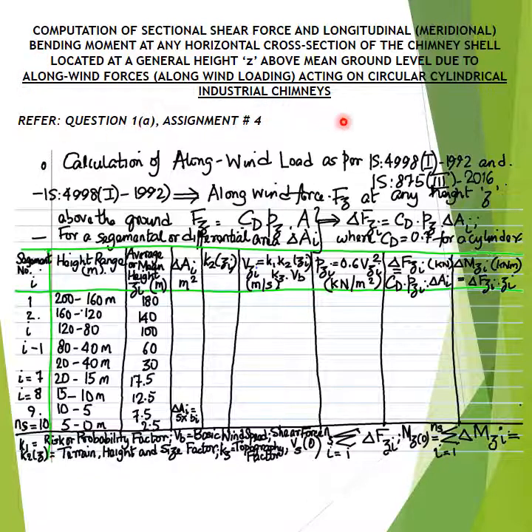The calculation of the along wind load as per IS 4998 Part 1, the Indian Standard Code of Design Practice for circular cylindrical chimneys, and IS 875 Part 3, the latest revision 2016 of the Indian Standard Code of Design Practice for wind loading on building structures in general.